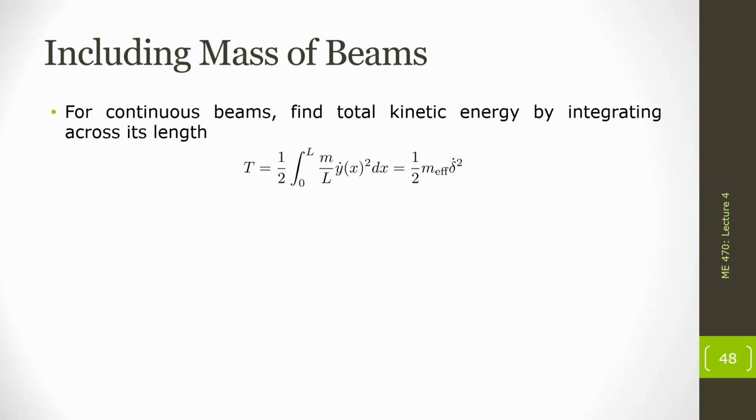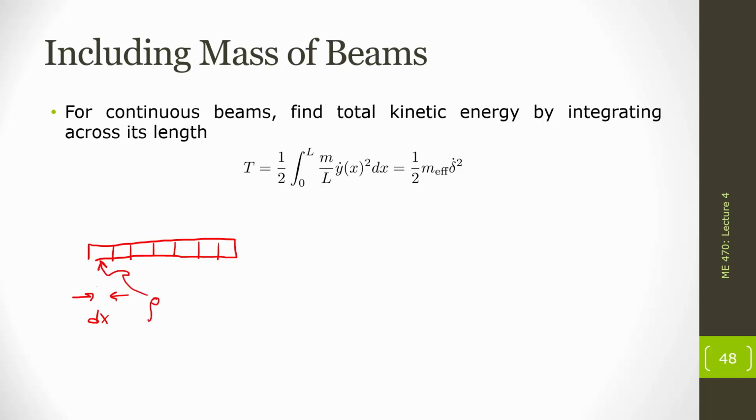So if we have our original beam here, I'm going to break it down into small pieces. Each piece I'm going to say has a width of dx, and it's going to have a linear density of rho.